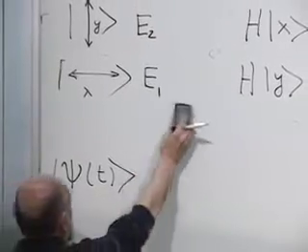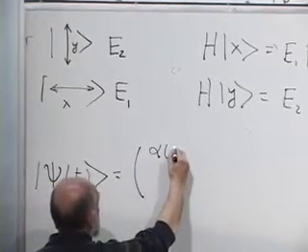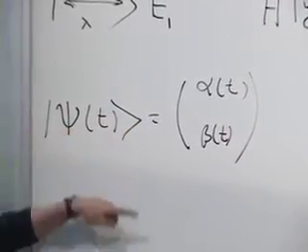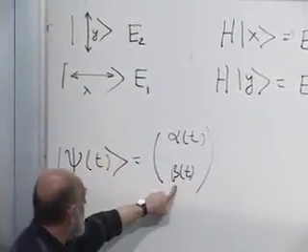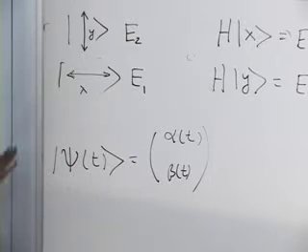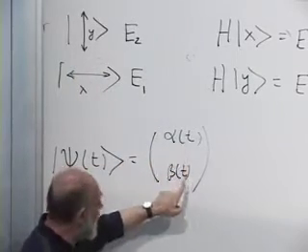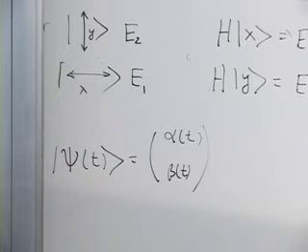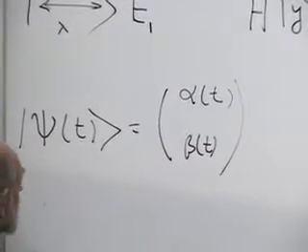So let's just write that psi of t can be identified with the column vector alpha of t and beta of t. Alpha of t is the amplitude that the photon has X polarization. Beta is the amplitude that the photon has Y polarization. The probability as a function of time that the photon has X polarization would be alpha star alpha, and likewise beta star beta would be the probability to be Y. Okay, everybody remember this? If not, tell me now.